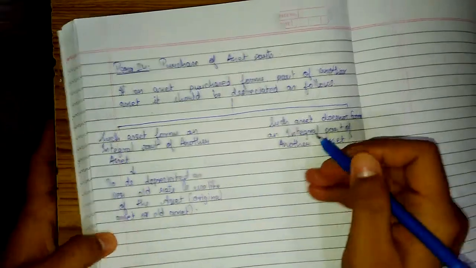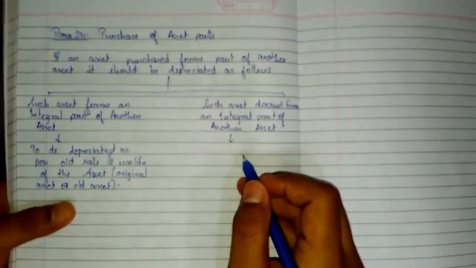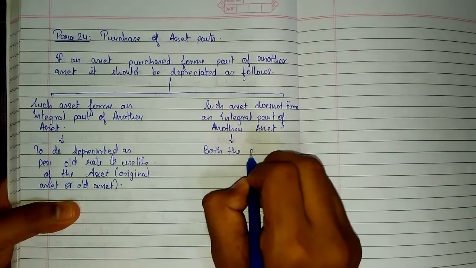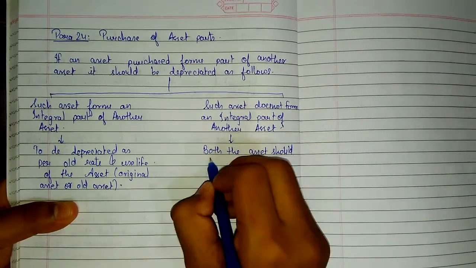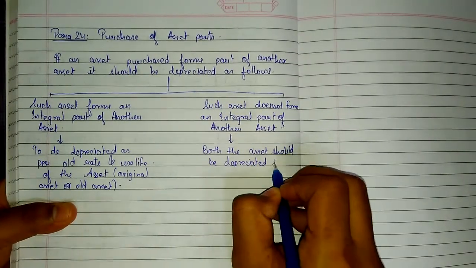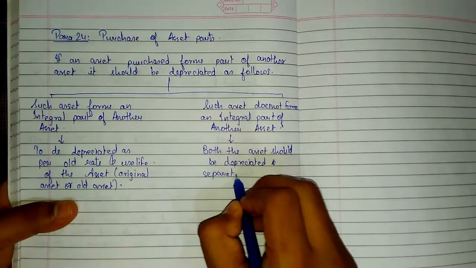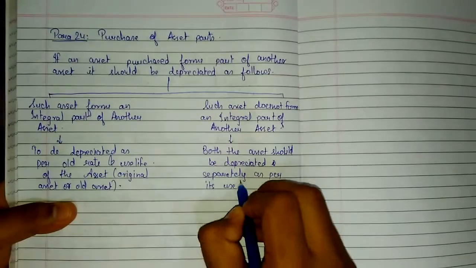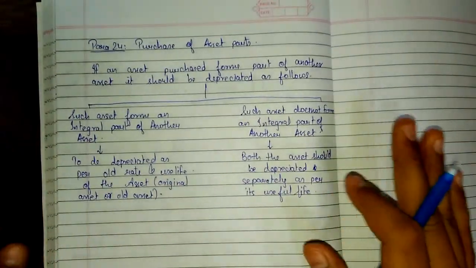Okay, but if it does not form an integral part of another asset, then both the assets should be depreciated separately as per their useful life. Okay, so this was para 24. Very simple.